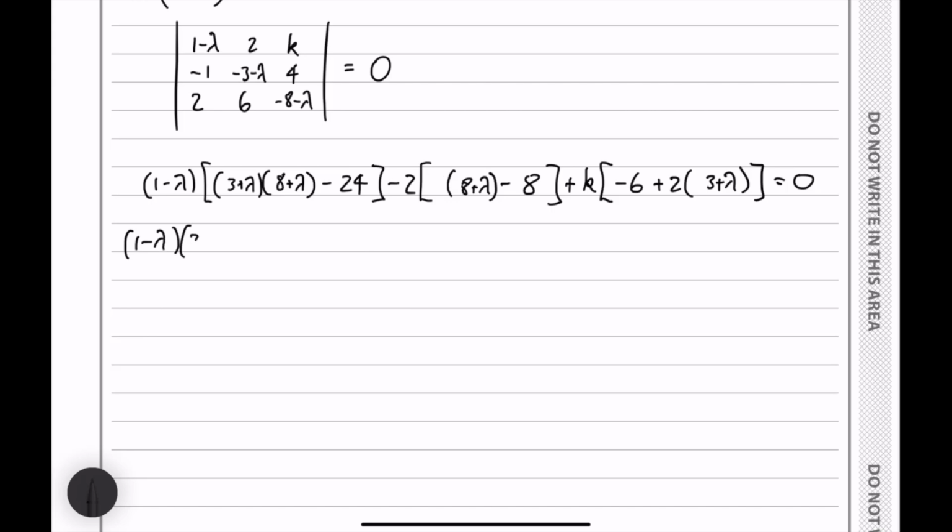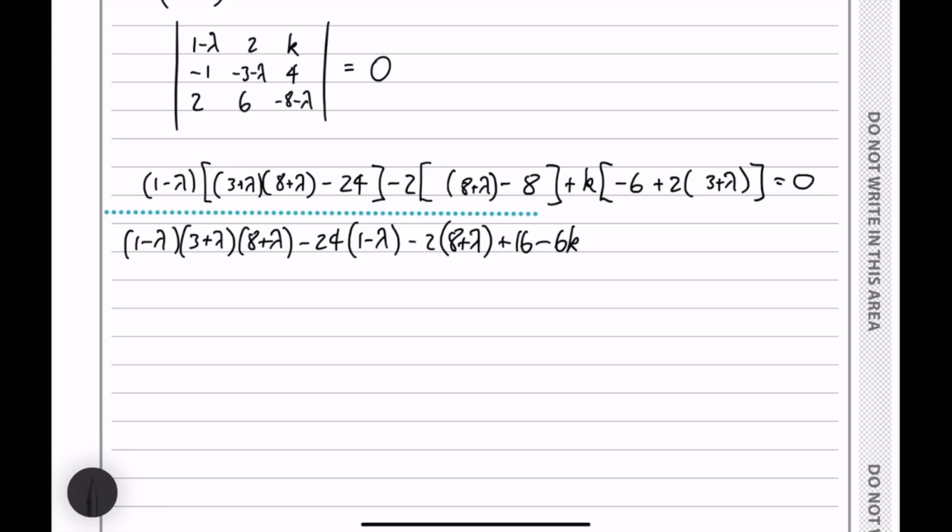So we've got all these brackets here. Minus 24 lots of 1 minus lambda, minus 2 lots of 8 plus lambda, plus 16, minus 6k, plus k times 6, so that's another 6k, and then 2 lambda k.